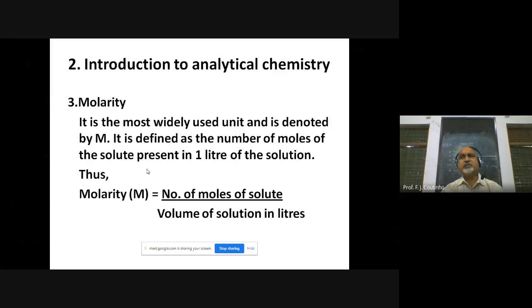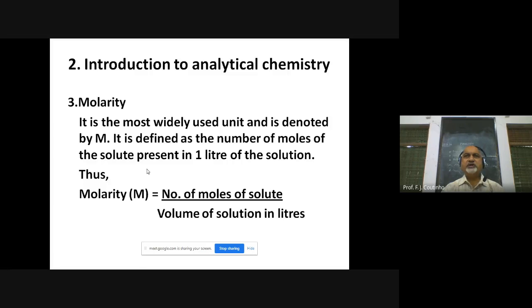It is the most widely used unit and it is denoted by capital M. It is defined as the number of moles of the solute present in 1 liter of the solution. Here the unit of volume is liter.